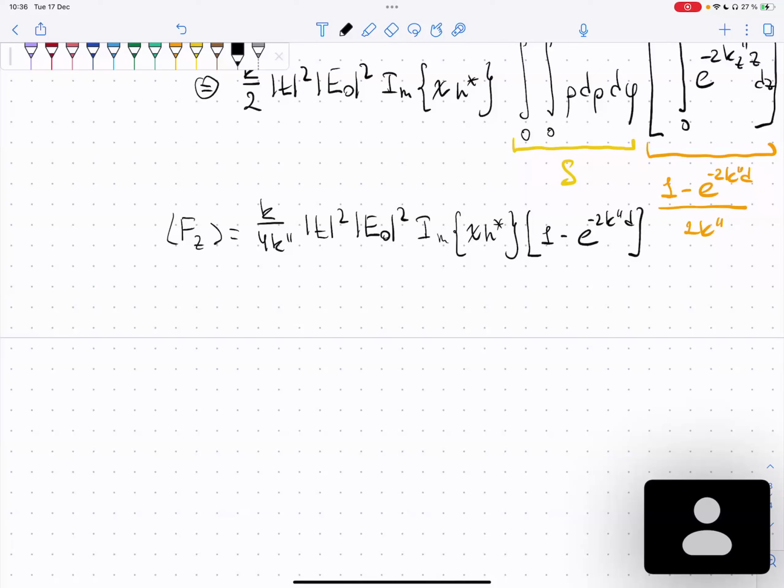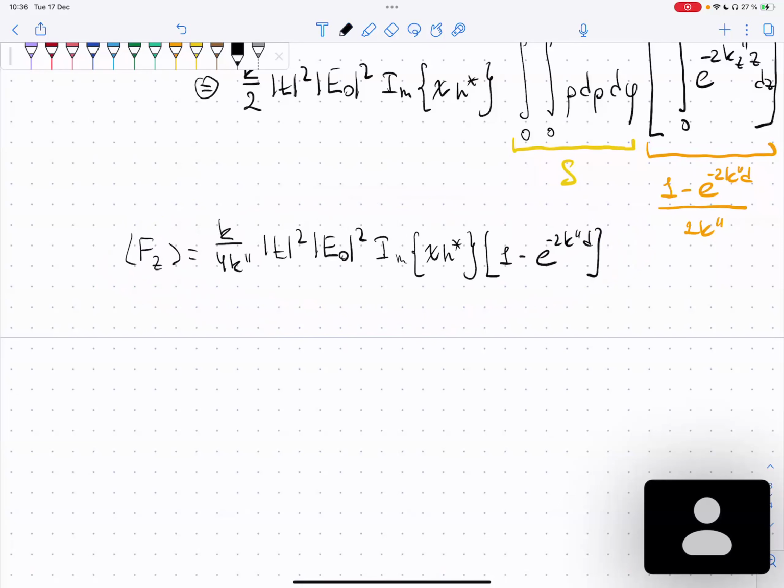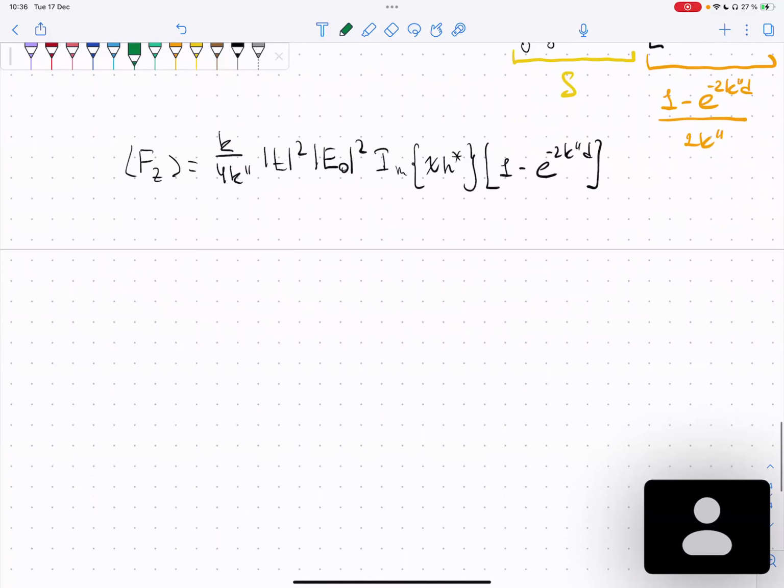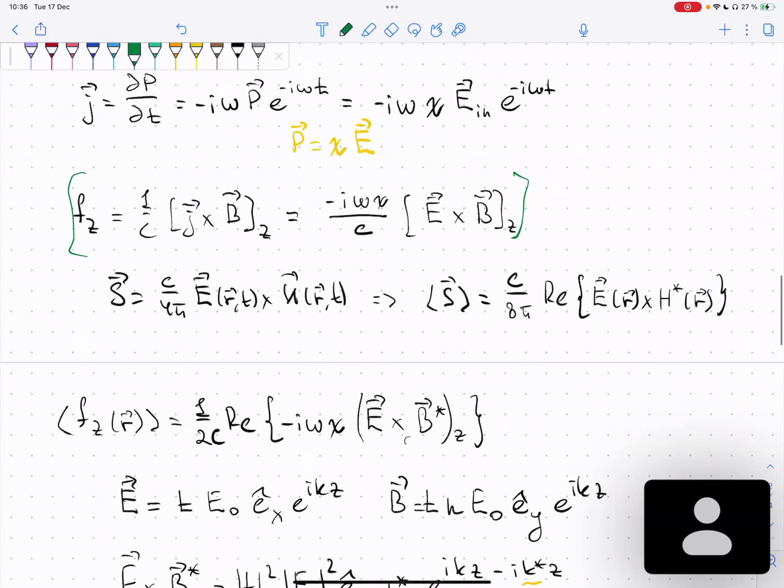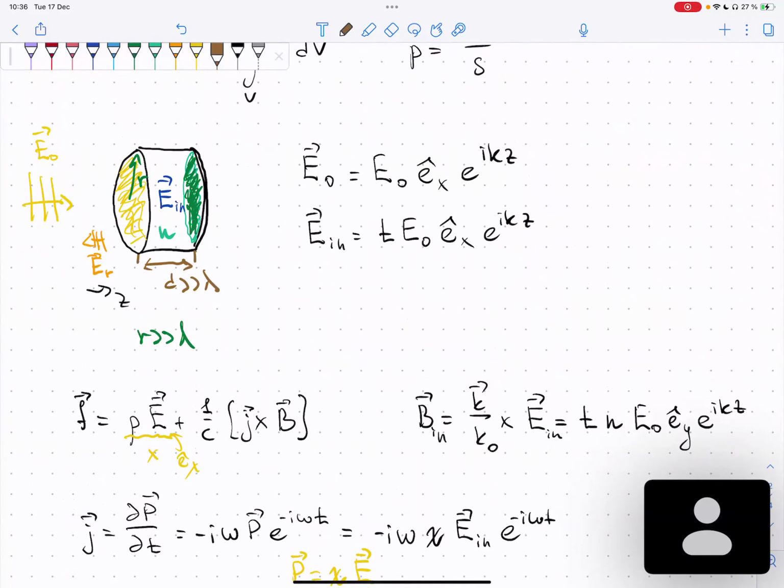But we can actually simplify this expression a little bit. If you remember correctly, the first thing that we did is we assumed that the thickness is so big that, because of the absorption inside the disk, the amplitude of the electromagnetic field at this part of the disk is very small.